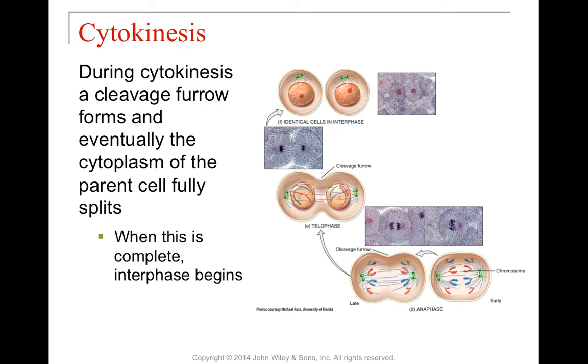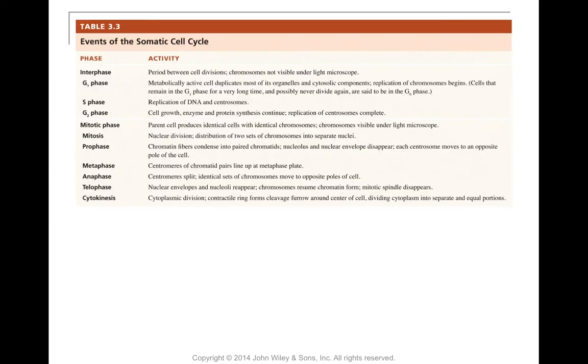Currently, remember, first it's going to look like an oval, then the oval is going to turn into a little bit of a peanut, then a bigger peanut, and then eventually two separate identical cells. And once that's finished, cytokinesis is the end of the mitotic phase, and we're going to go back into what's called interphase, which is the time frame when we are deciding whether or not to divide.